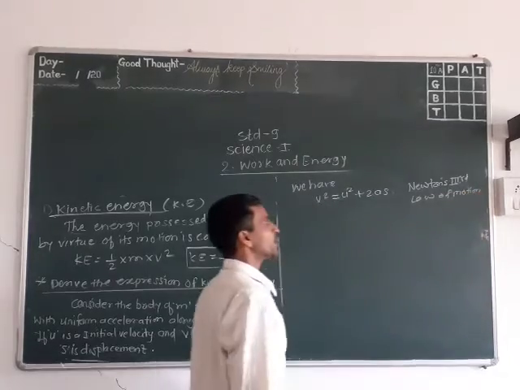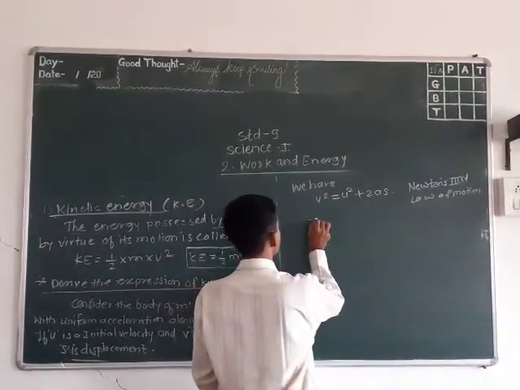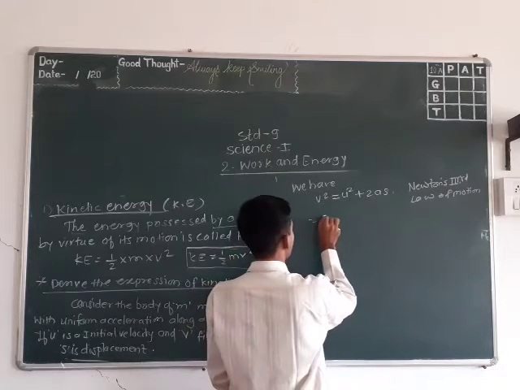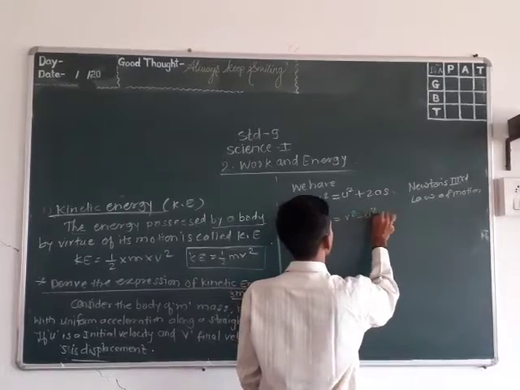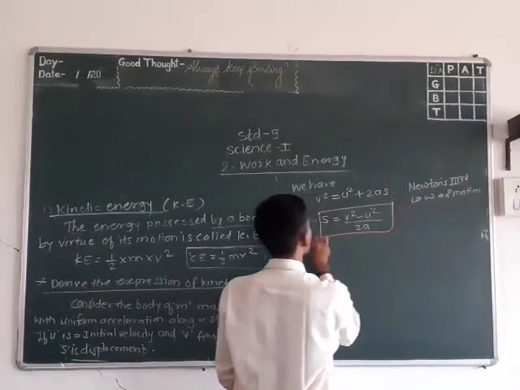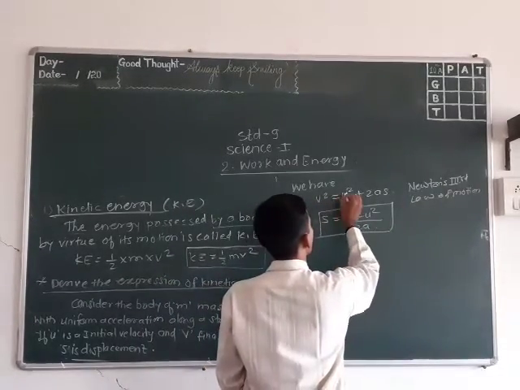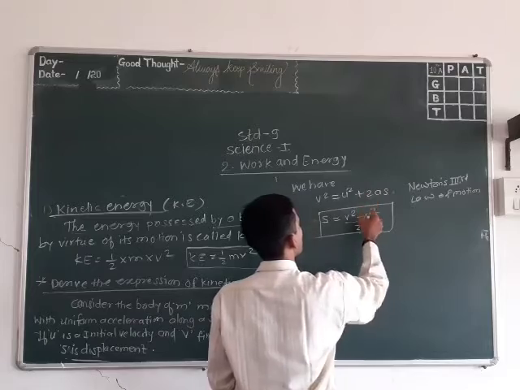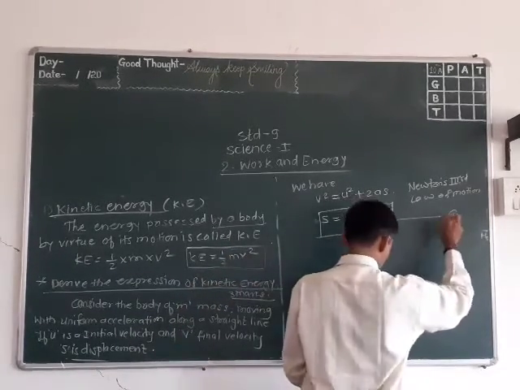Or, s is equal to v square minus u square upon 2a, the displacement formula. S is equal to v square minus u square divided by 2a, this is equation first.